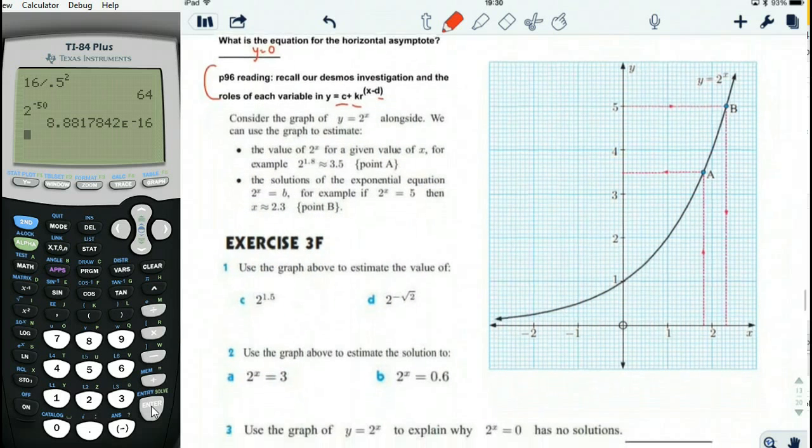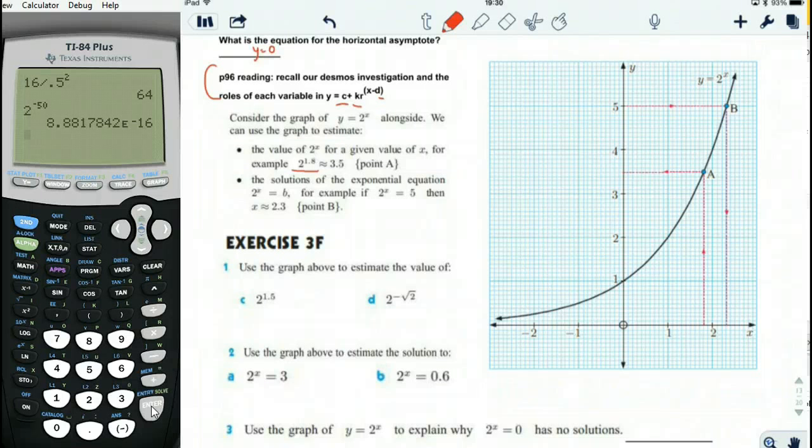Now this is the same graph that we just saw above, but it's showing you how you can use the graph to find solutions that are not whole number exponents. So we have a couple questions here. We're given a value of x. Let's find the value for 2 to the 1.8. 2 squared is easy, 2 to the first is easy, but 2 to the 1.8, that's not so easy, right?